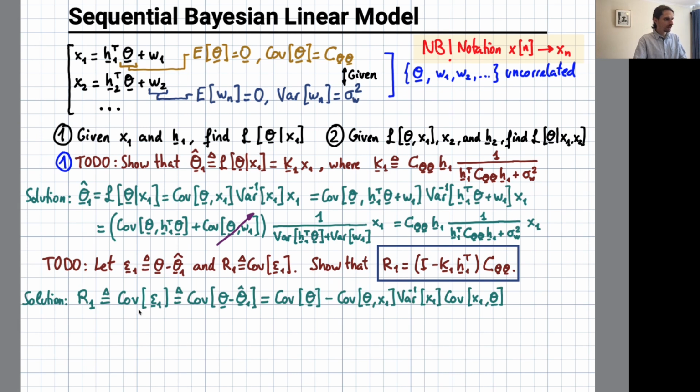This covariance can be easily computed just by using the general expression for the covariance of an LMMSE estimator that we also know by heart.